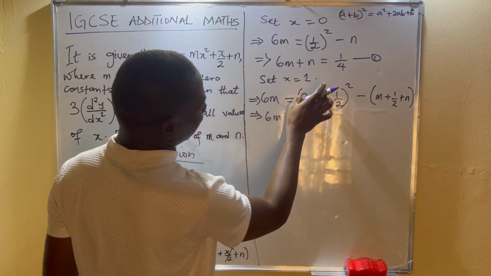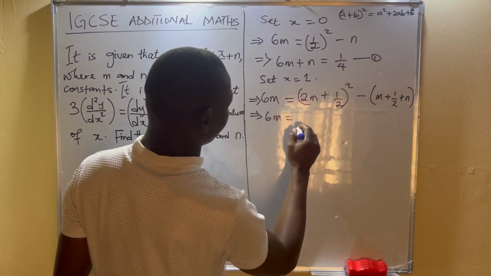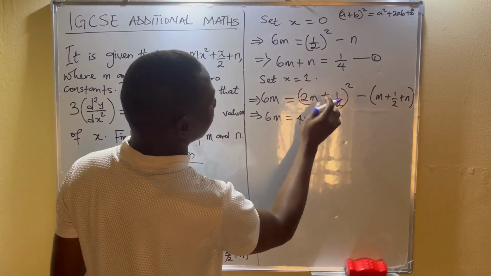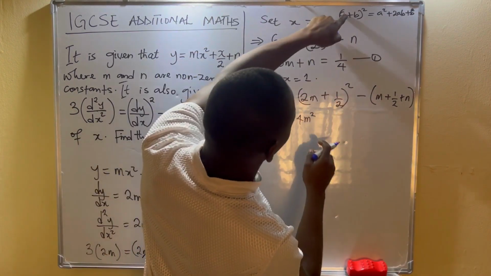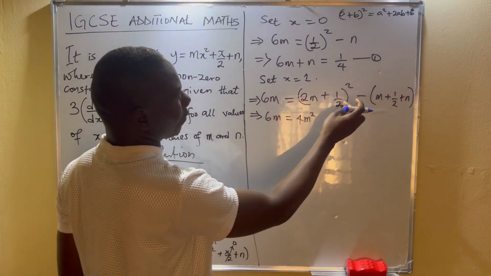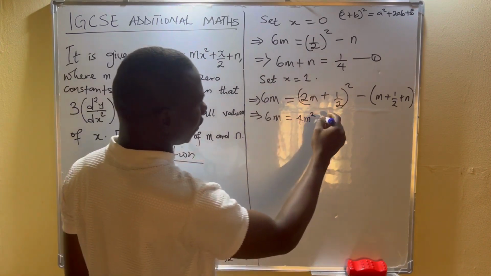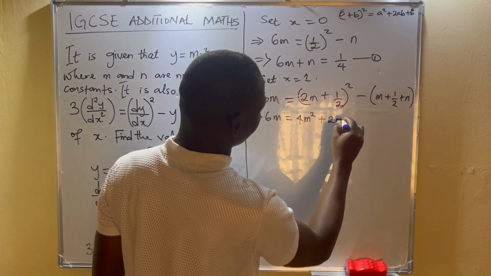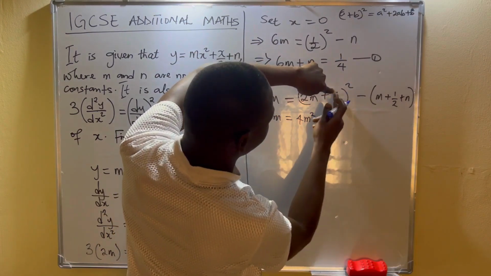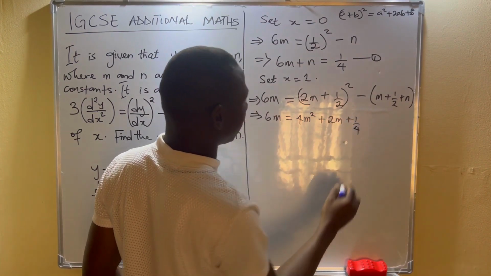So I need to square this number here. So I have 4m squared. Then I will now say this times this times 2. 2m times half will give me m times 2 will give me 2m. Then I'll have b squared, that's 1 over 2 squared, which will give me plus 1 over 4.